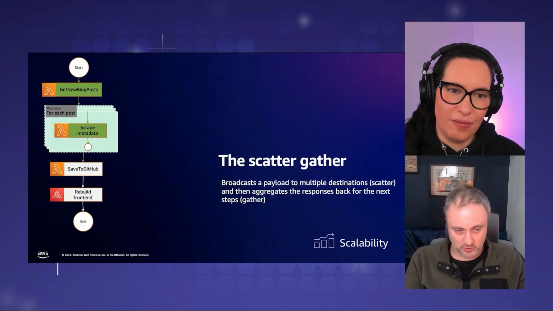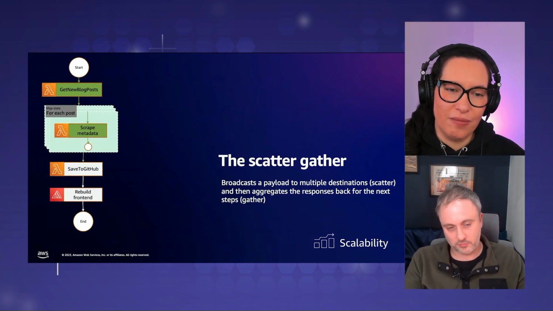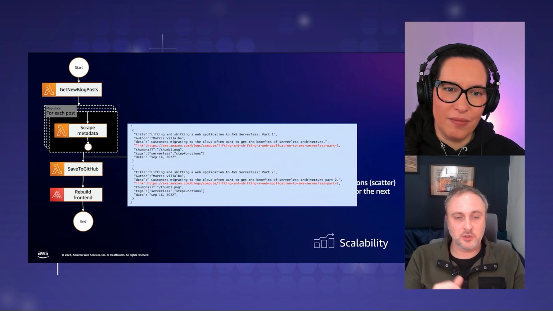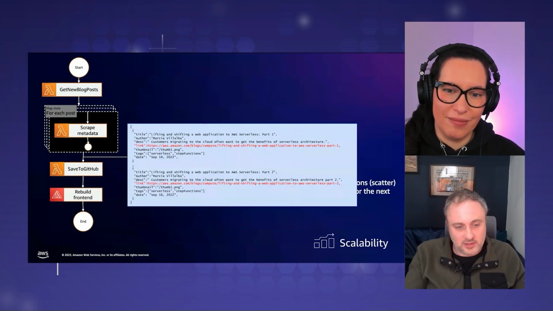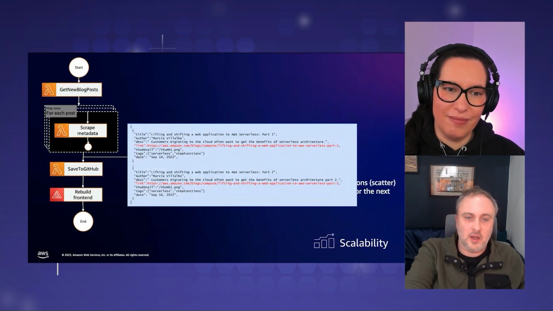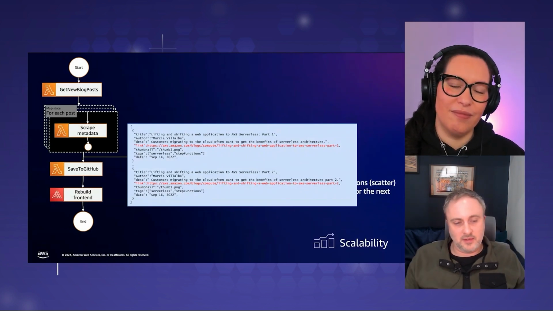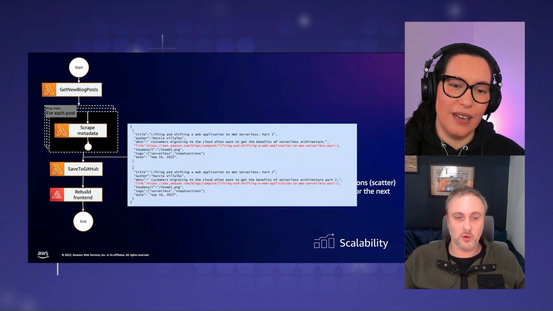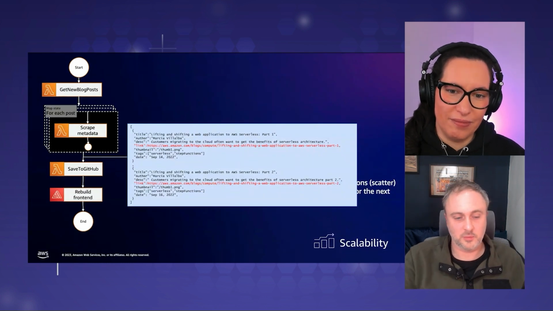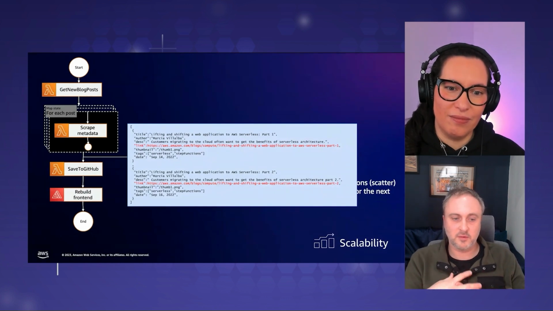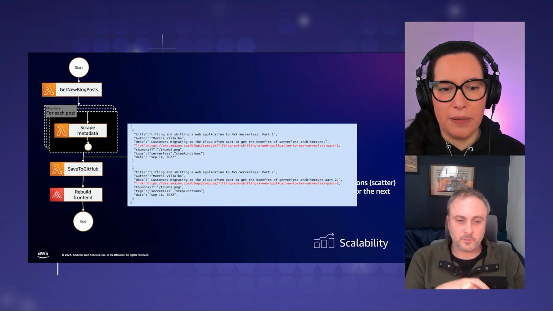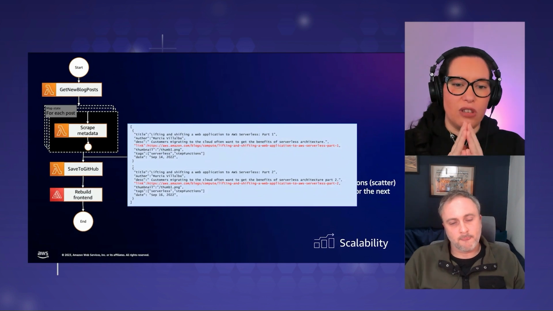We scrape the metadata from each blog URL, and that produces an array of metadata with different objects. And we move the save to GitHub outside of our map state. So that means we're only calling this once and not for every individual item, right? So we're saving cost. We're using this fan out and fan in method. And that's the cool thing of this map state, that it will centralize the results all together.